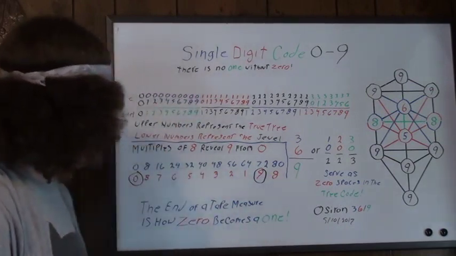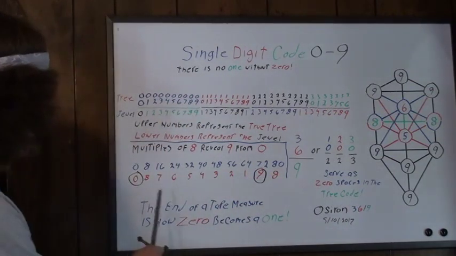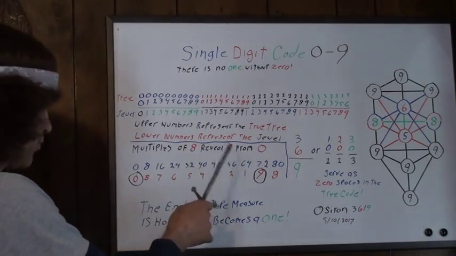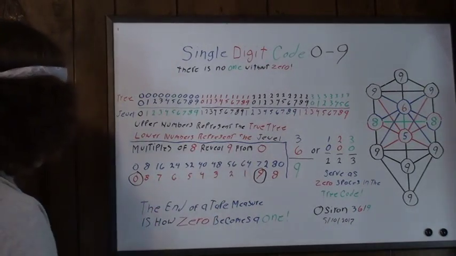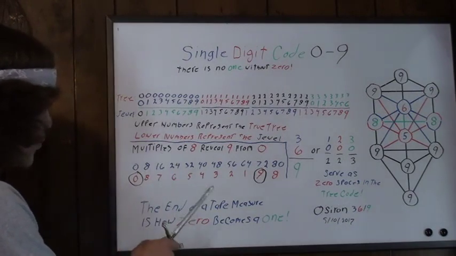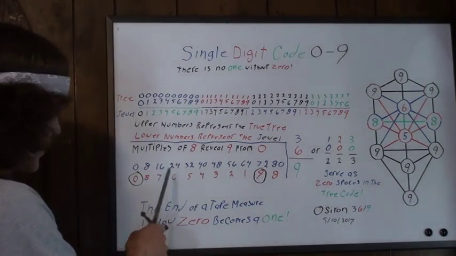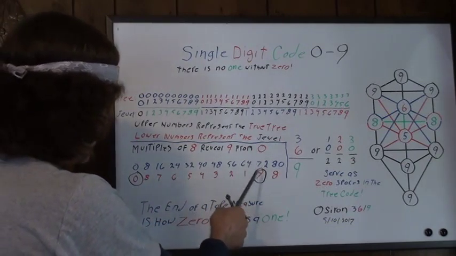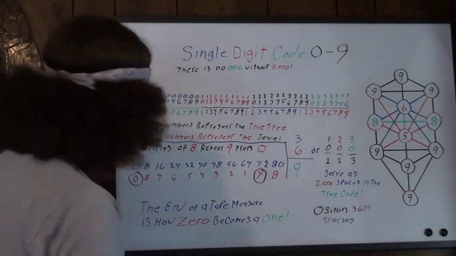And even the numbers themselves, because you see here, it says multiples of 8 reveal 9 from 0. Okay? And then we have 0 here, and the multiples of 8 are 0, 8, 16, 24, 32, 40, 48, 56, 64, 72, 80, and on and on.